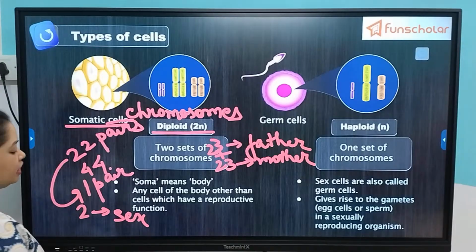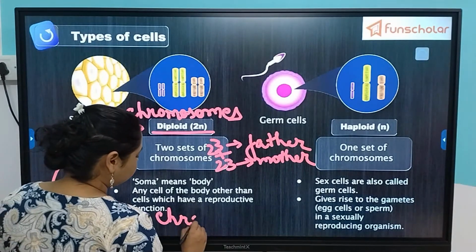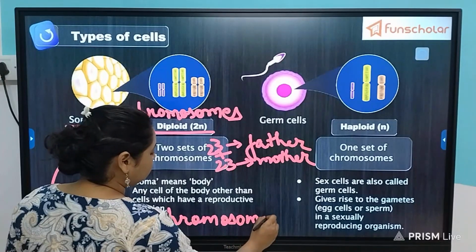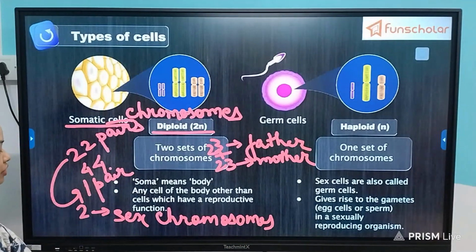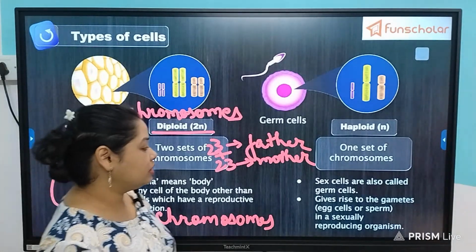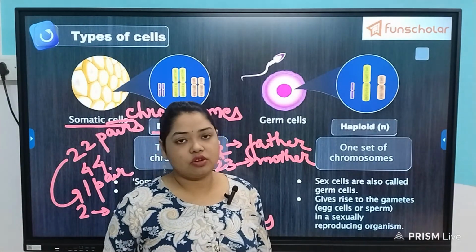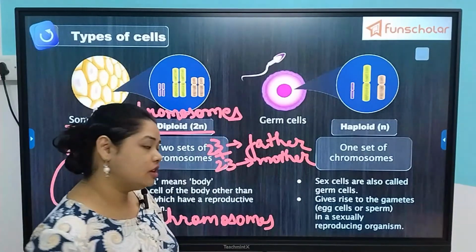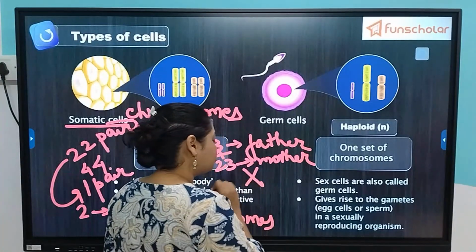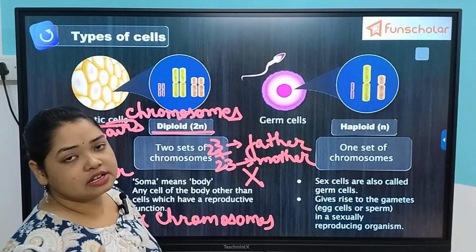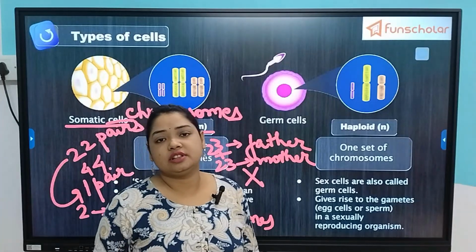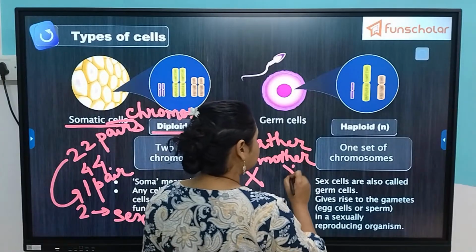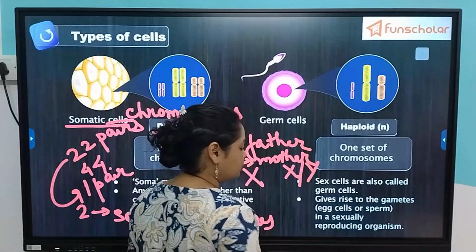Now, depending on the type of sex chromosomes we have, our sex is decided, whether it will be male or female. So we know that the female body has the ovum as the female gamete. Now, the ovum always contains only the X type of chromosome, right? And the male gamete, which is present in the male reproductive system, that is the sperm, contains either X or Y type of chromosome.